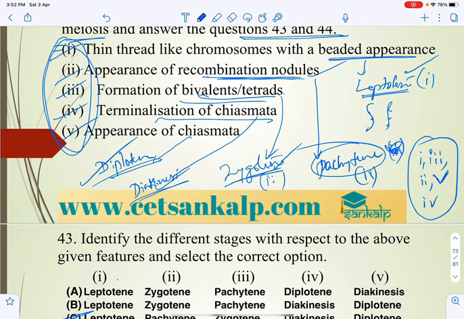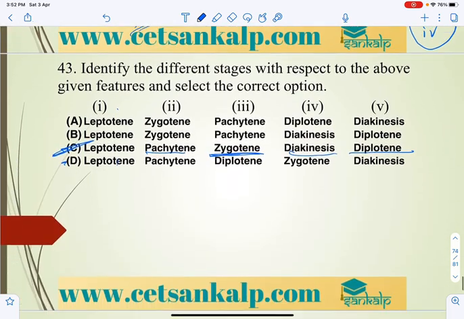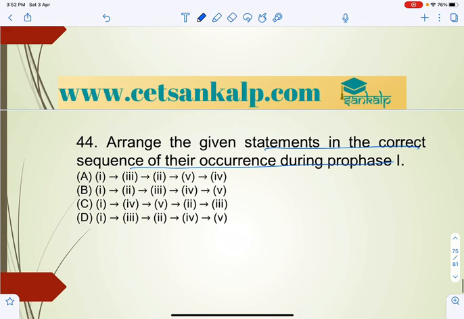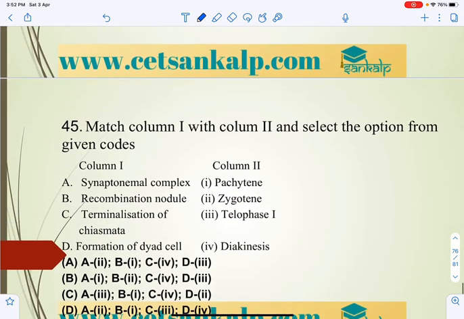So 1 3 2 5 4. This is the sequence, and you have to keep it in mind.